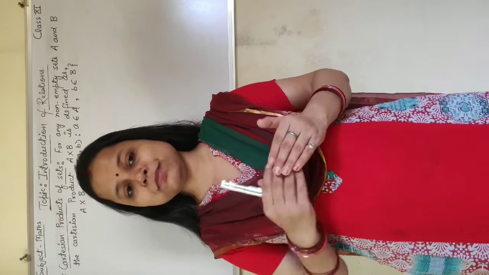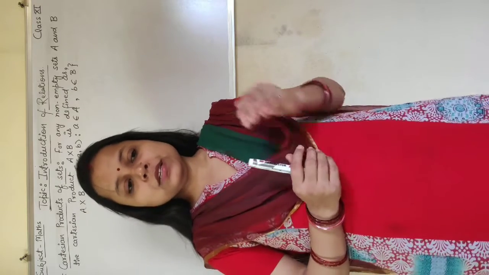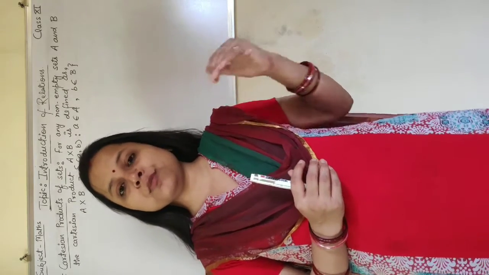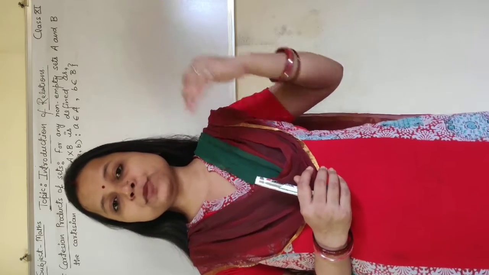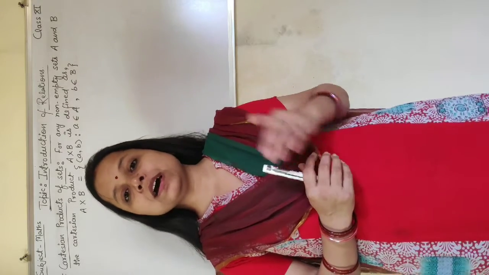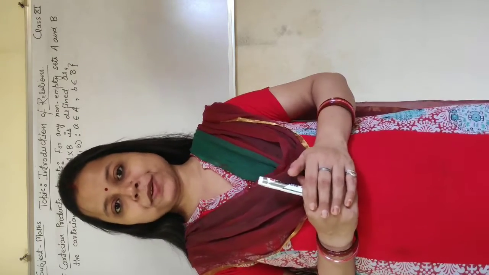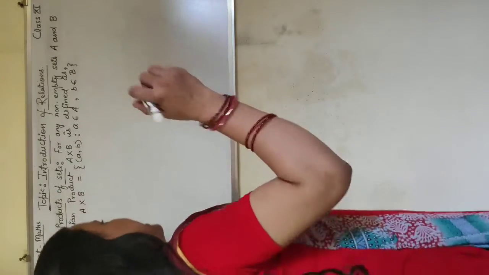It is actually a set whose elements are in the form of ordered pairs. Just like in the Cartesian plane, we can plot points if they are in ordered pairs.